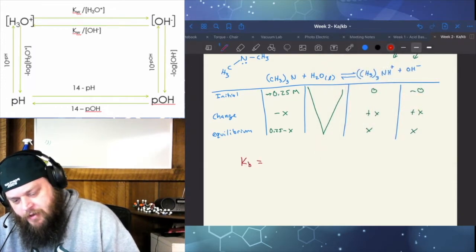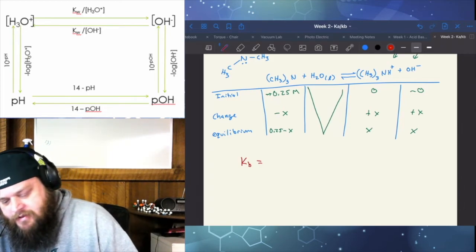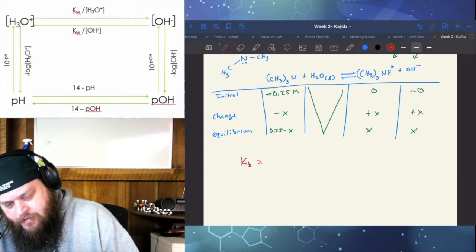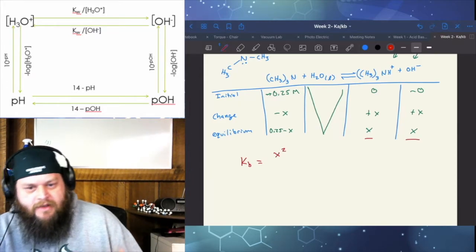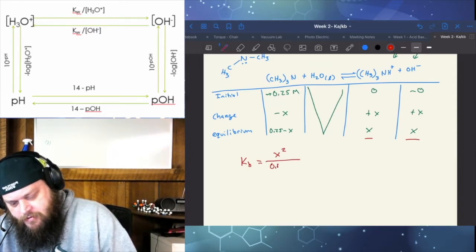KB would be equal to, again, the concentration of the products divided by the reactants. So in this case, the products are just X and X. So it'll be X squared, X times X, divided by 0.25 minus X.